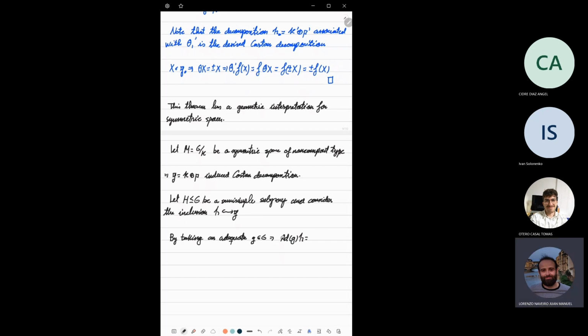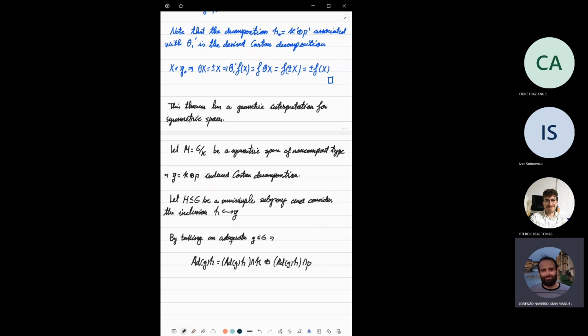So this is, I think I'm going to write it down here. Ad g of h is equal to Ad g of h intersect k plus Ad g of h intersect p. And this is precisely the Cartan decomposition of h.